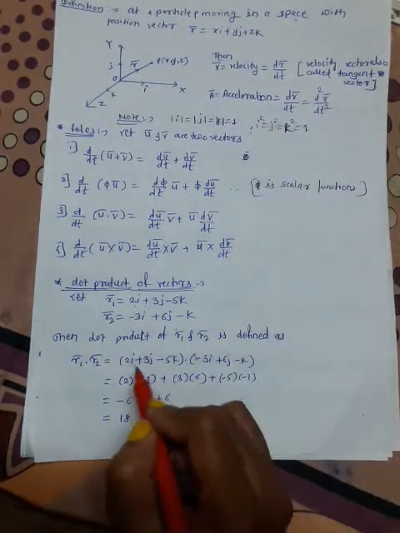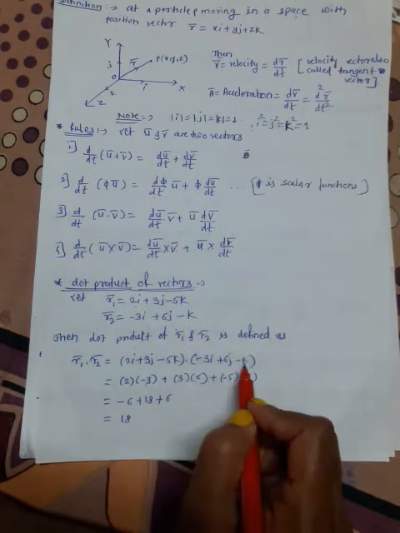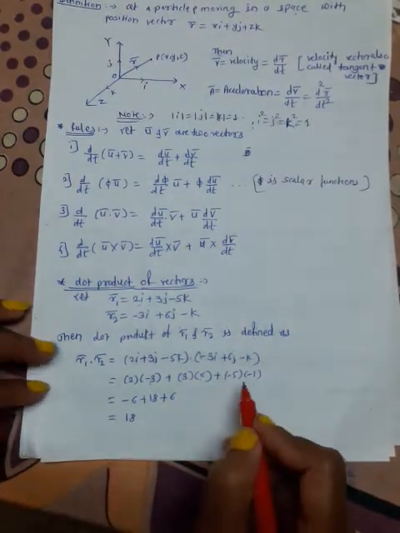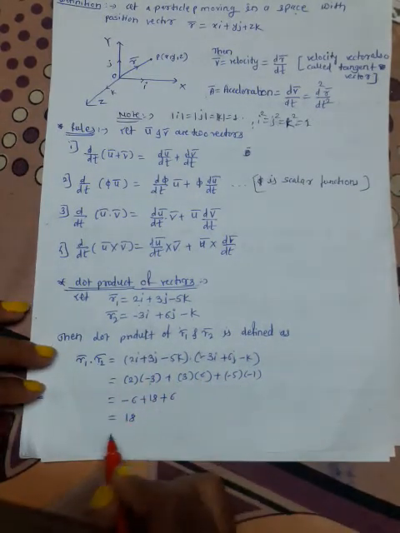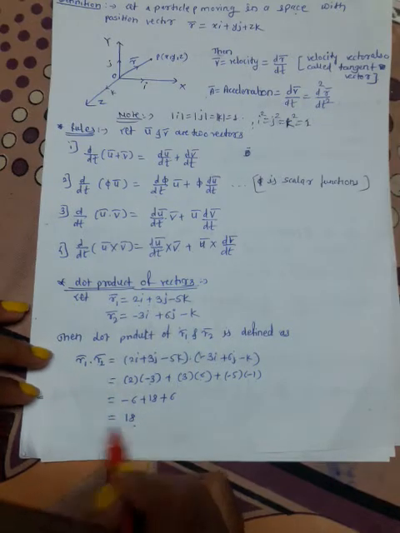That's why it becomes 2 into minus 3 plus 3 into plus 6 plus minus 5 into minus 1, taking the signs with the constants. Adding all these on the calculator, we get the answer. The dot product of r1 bar and r2 bar is 18.